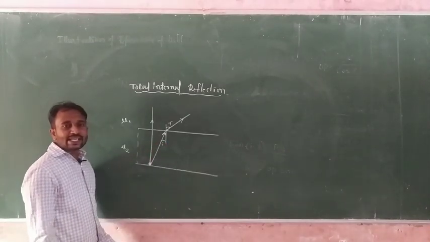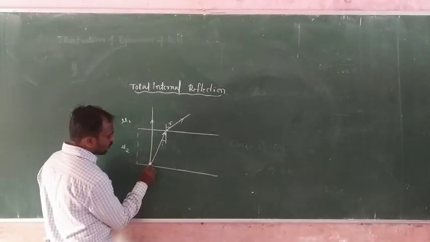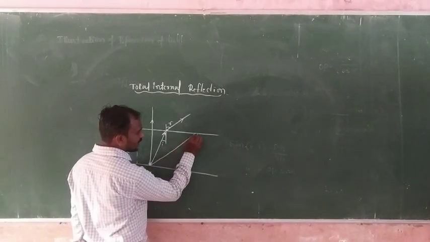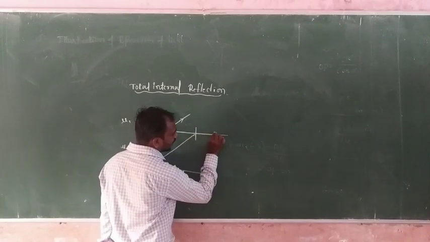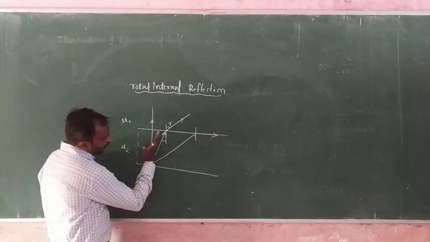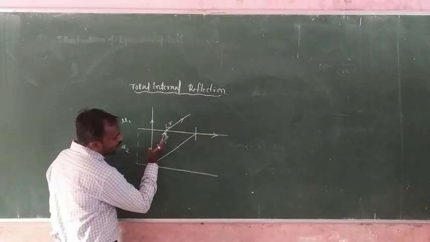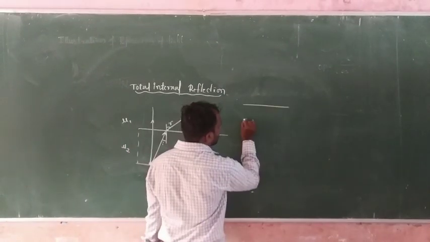Again, the angle of incidence increases. If you increase the angle of incidence, with this one being the normal, then we get a refracted light ray. Suppose this is the first light ray, this the second, this the third, and this the fourth. If the angle of incidence keeps increasing, then the angle of refraction also increases.